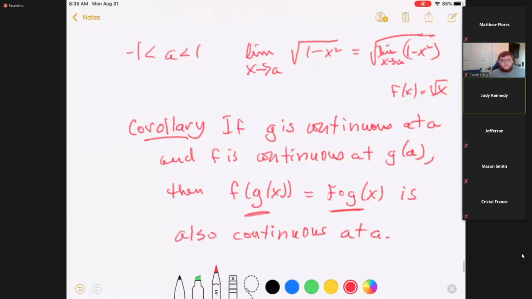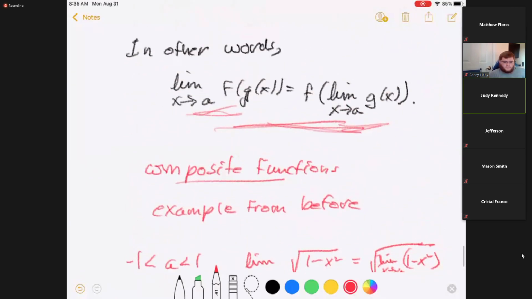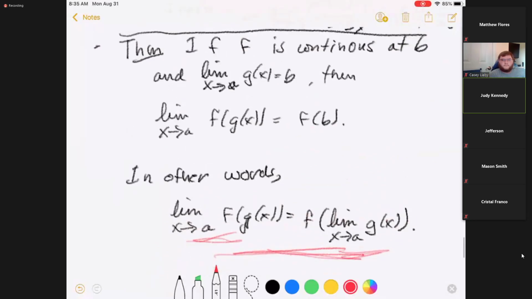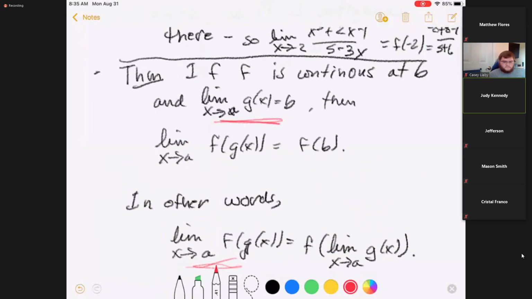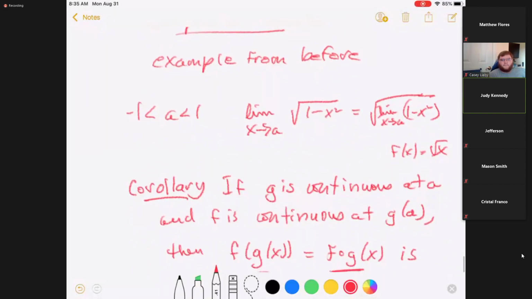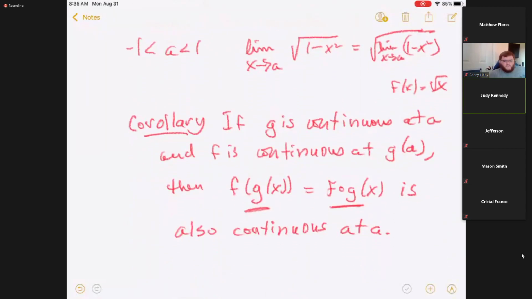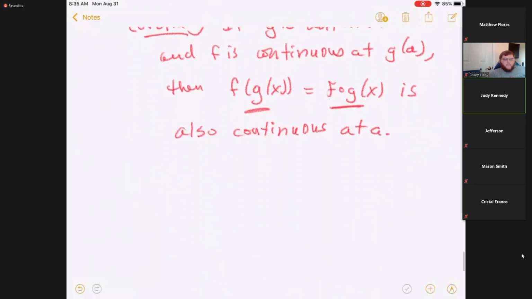So that doesn't really strengthen the theorem, it's assuming a little bit more about g. And that means compositions of functions are continuous too.